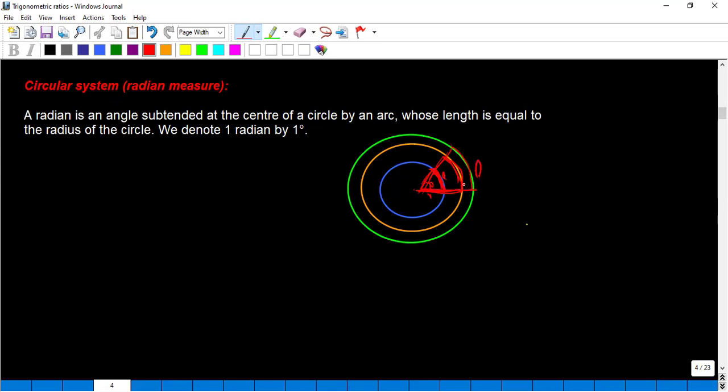So they found a relation between the radius, the length of the arc and the angle between them. That is nothing but theta equals L by R, the length of the arc divided by the radius.